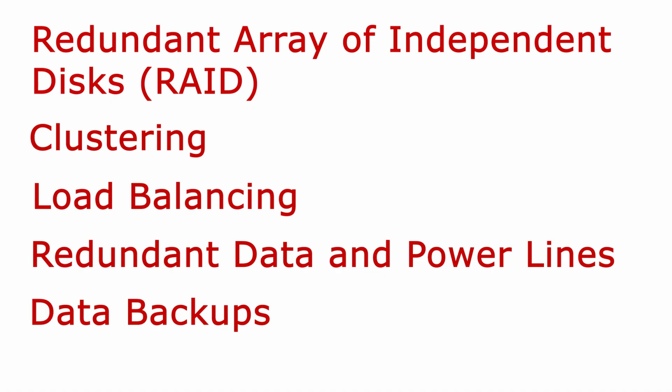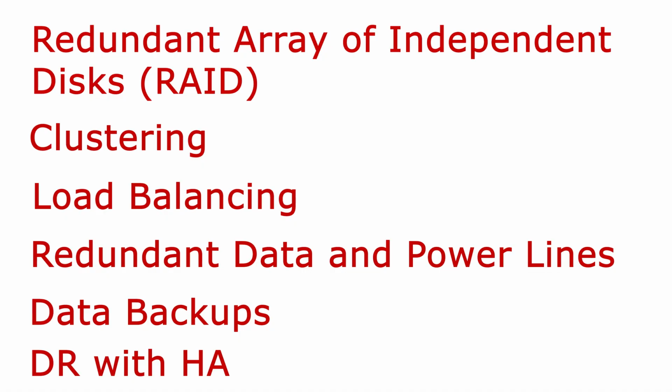A fifth control is good data backups. Can't stress that enough. I've seen organizations lose data that they've gathered for many years, unfortunately, all because they did not have proper backups. So if you don't have backups, start backing up your data today.